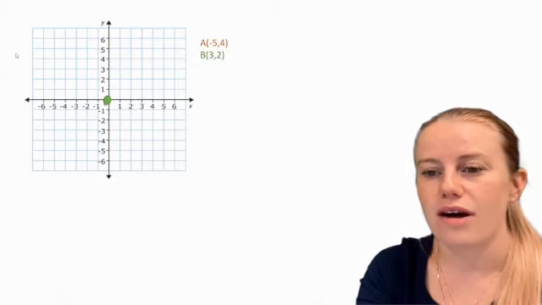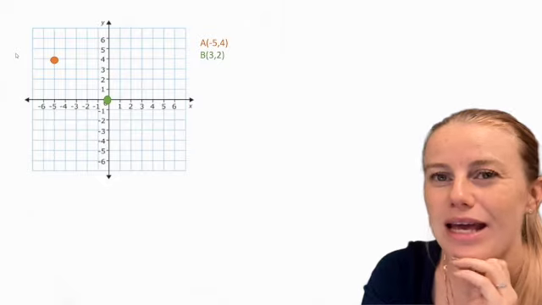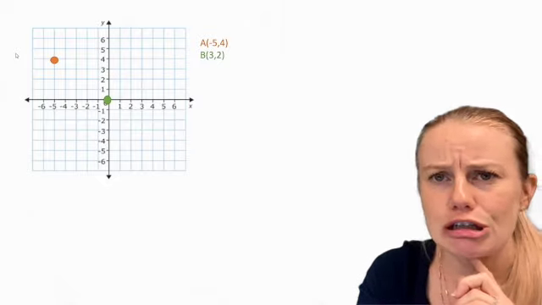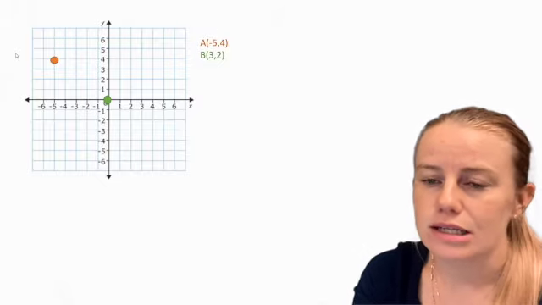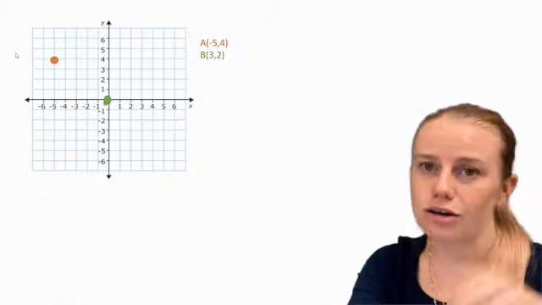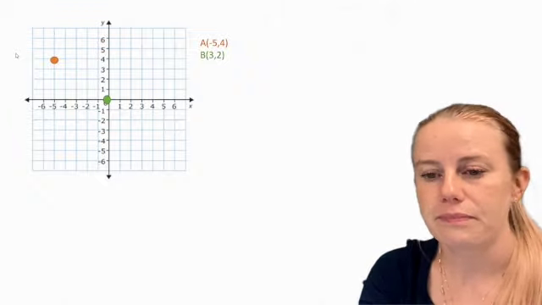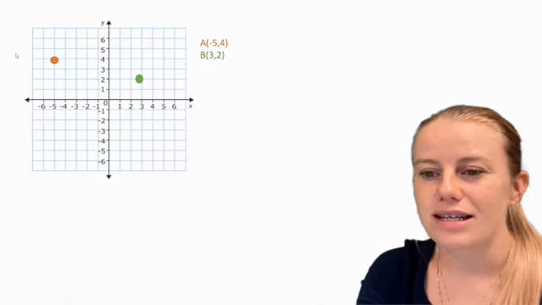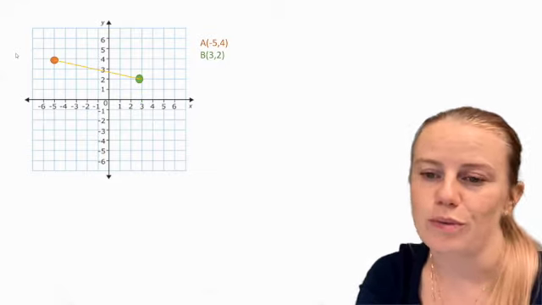We go over -5, up 4. And that is where point A is. Make sure on your notes to label this as point A. I did not do that on this presentation, but on your notes, to keep everything straight, label them. Okay, B is at 3, 2. And let's draw our line in between those 2 points.